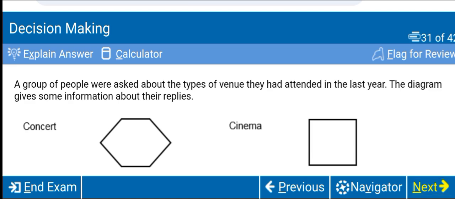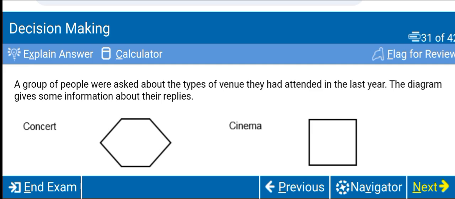Next we have question number 31, which says a group of people were asked about the types of venue they had attended in the last year. The diagram gives some information about their replies.